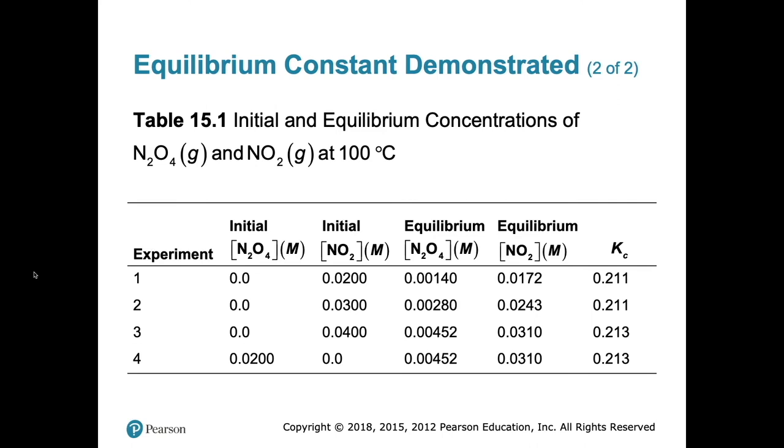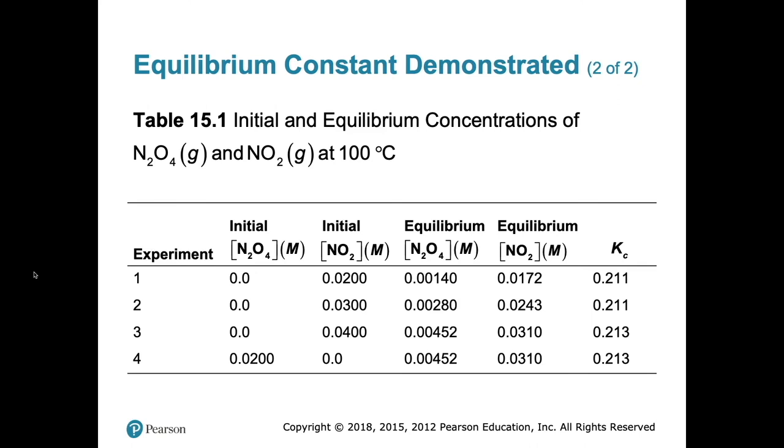So here in the first three experiments, we've got no initial concentration, it's actually 0, of the N2O4. And as we go through here, we see that for all three of these, the initial concentration of the NO2 is actually increasing, right?